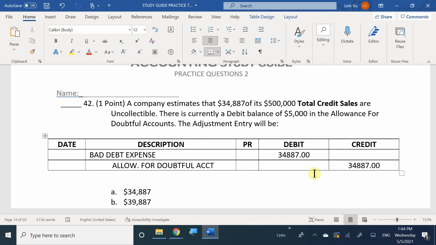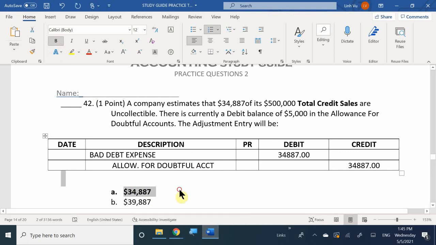Make sure that you read carefully, because I will test you on both. Maybe I'll test you on all four, just exactly like this. And you need to determine the difference between the different methods, whether you're doing balance sheet or income statement. And in this case, excellent, it should be just the estimated amount.